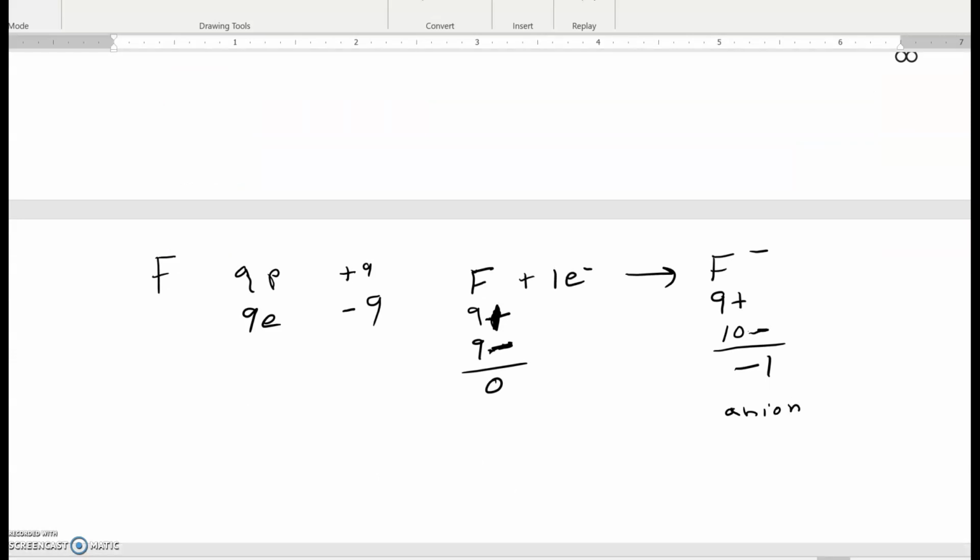An anion is a negatively charged ion. Okay? So, you should be able to predict the ionic charge of group A atoms and explain how the atom has its charge.